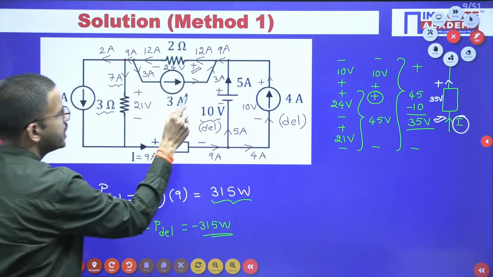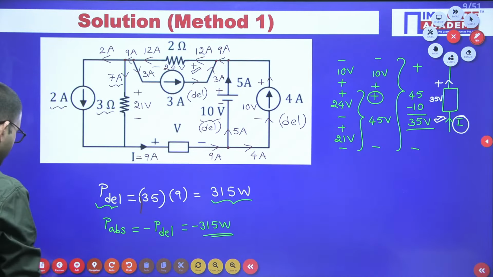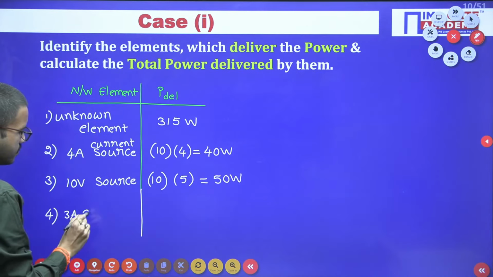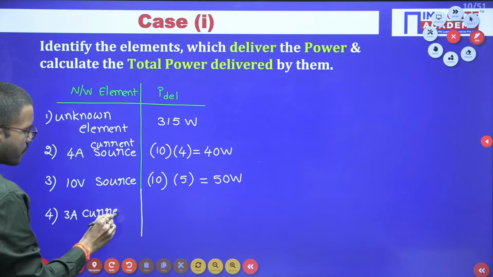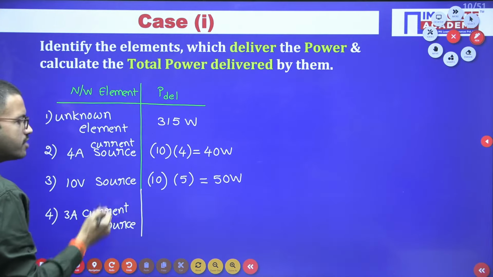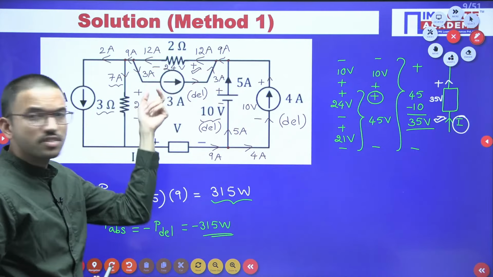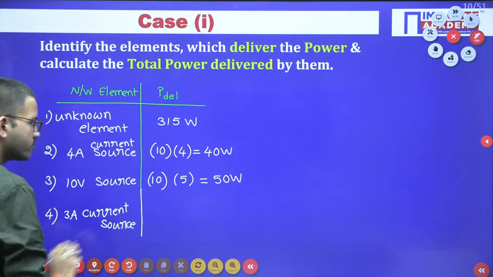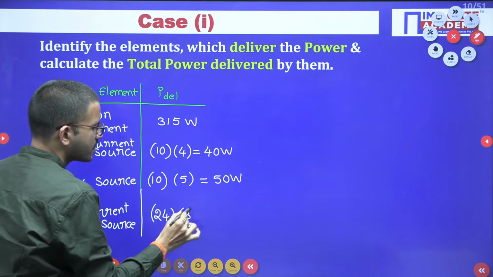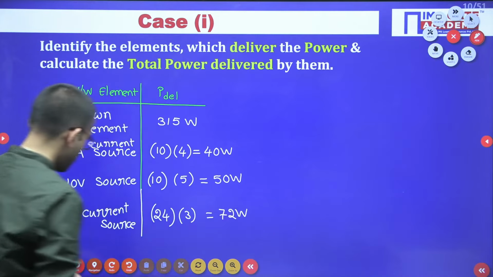So it is also delivering the power. Across this 3 ampere current source we have 24 volts, so voltage is 24, current is 3. 3 into 24, that is 72 watts.